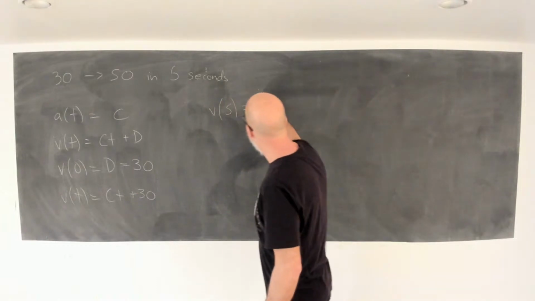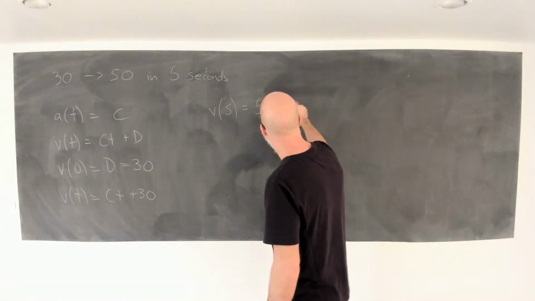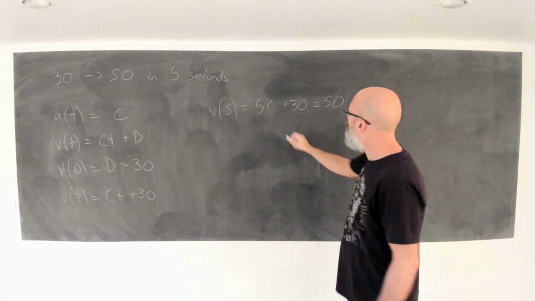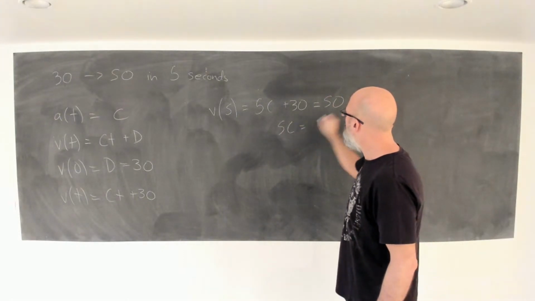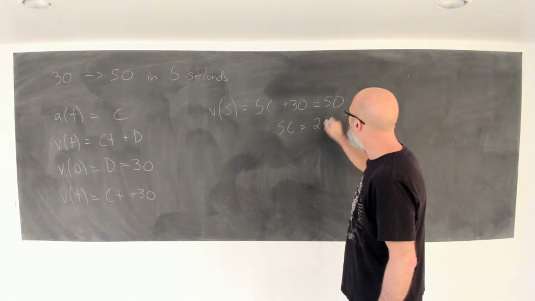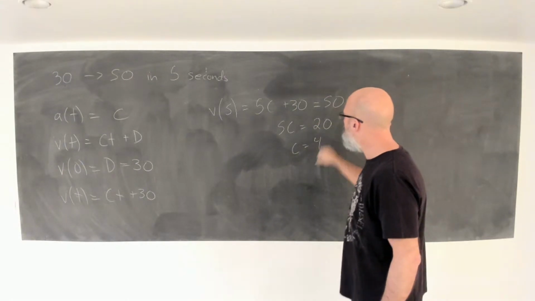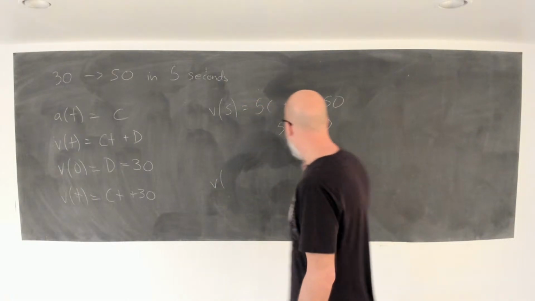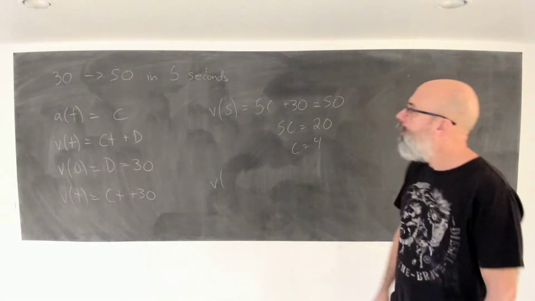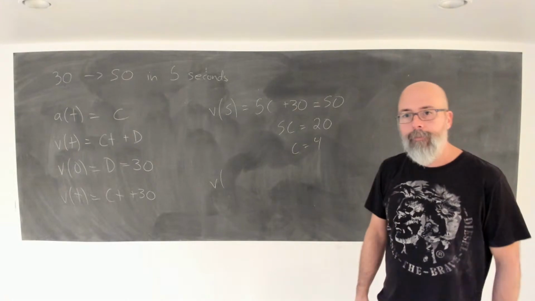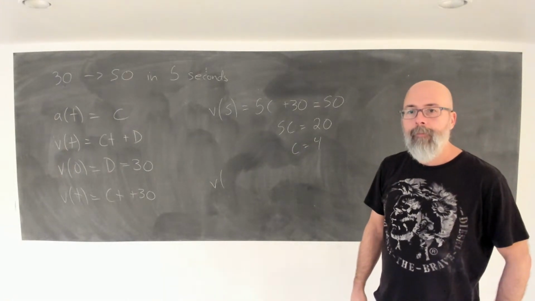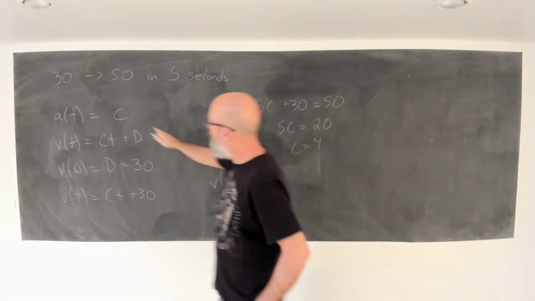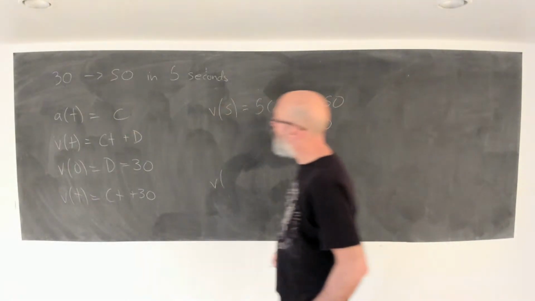This is 5c plus 30. And that should be 50 miles an hour. So 5c is easily seen to be 20, and so c is equal to 4. So 4 is the answer, right? That's what we wanted. We wanted to know the constant acceleration.